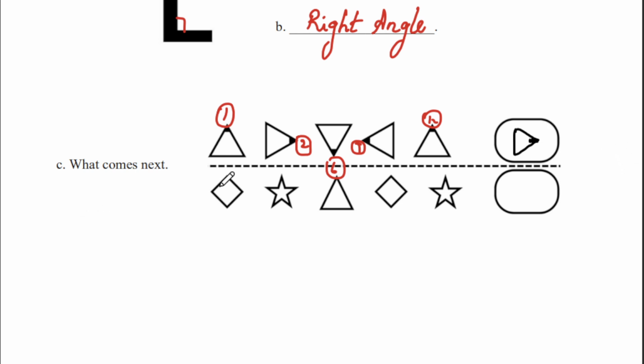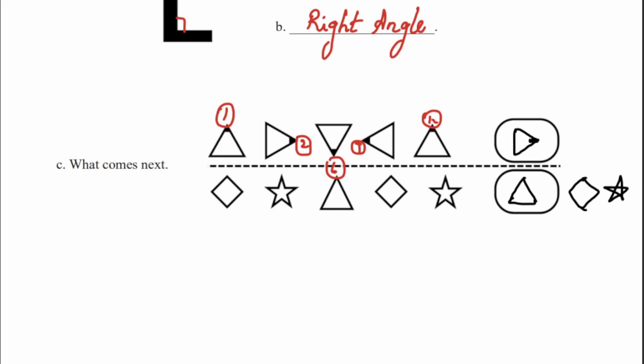Next, we have a diamond shape, star shape, and a triangle shape. Okay, again next, what you will get is a diamond shape, and next is a star shape.